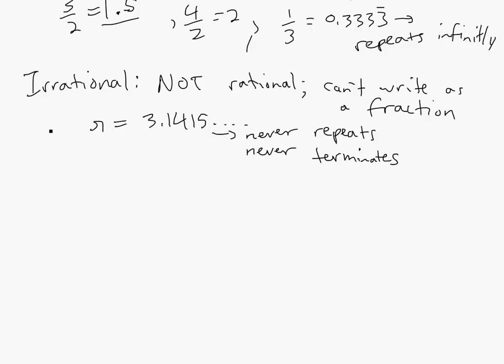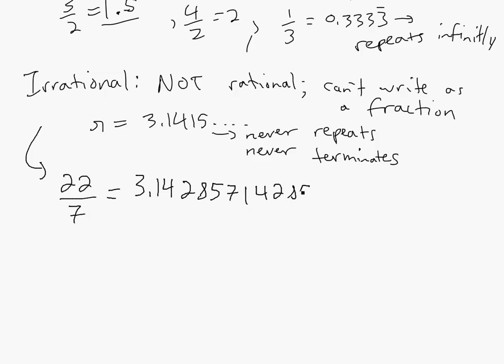And another interesting number is, let's say, 22/7. This is a good approximation for pi. This one's actually equal to 3.142857142857.